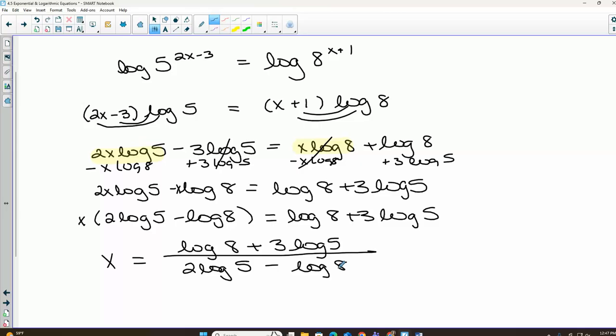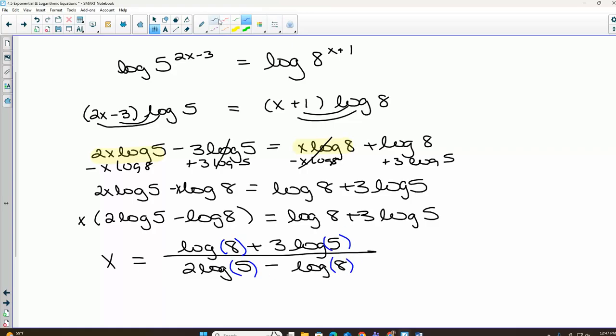I strongly recommend when you go to put this one in, if you are using the non-graphing calculators, then I want you to push that N over D button so you can see it as a fraction. If you're using my graphing ones, hit alpha y equals enter so you can view it as a fraction. Every time you push a log button, it opens a parenthesis. You have to make sure and close all of those.